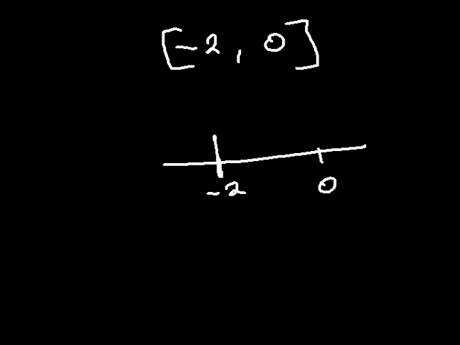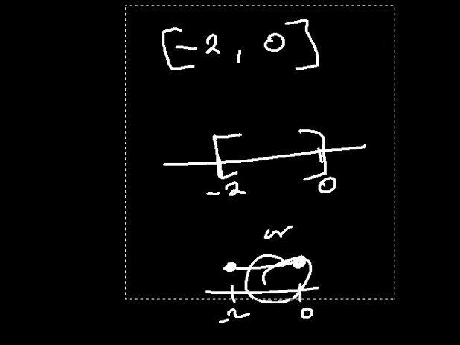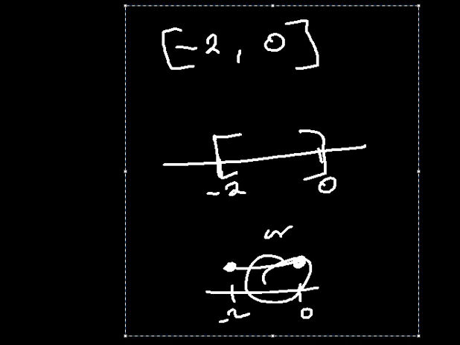We'll have to present these closed brackets like that, or else you can have -2 and 0, of which we'll have the shaded dots. So that is another way you can choose to present the intervals on the number line.